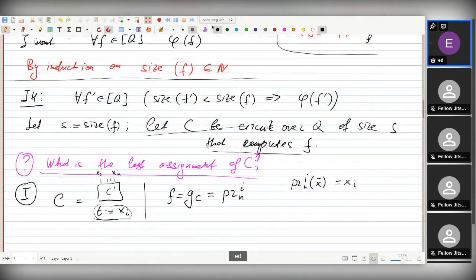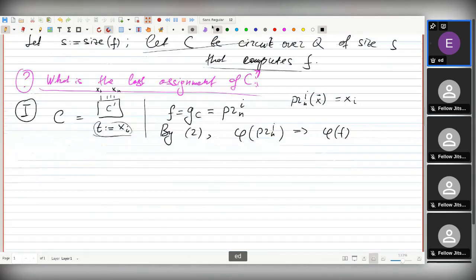By our second assumption, every projector satisfies phi, hence our function f satisfies phi because it is just a projector. Is this idea clear? Yes. Okay.